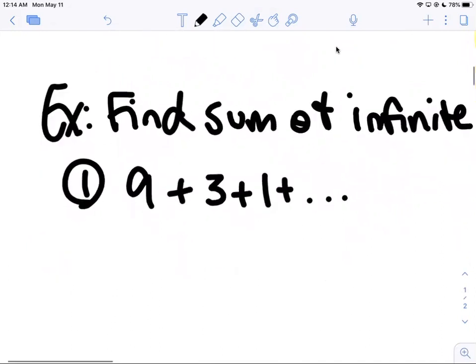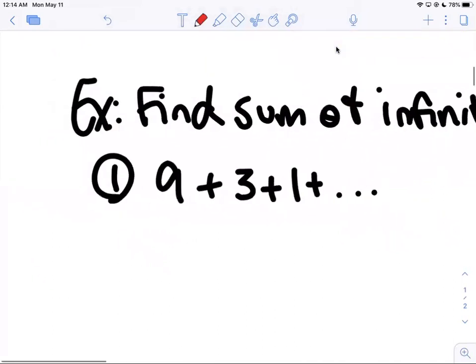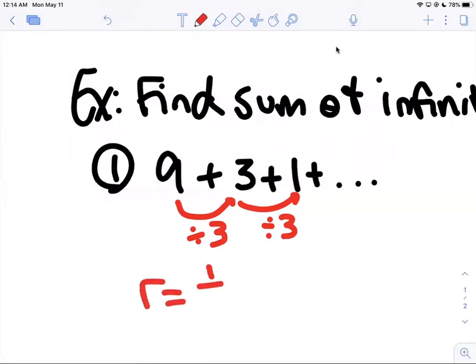Okay, what is my r? It's geometric, so we know that it's going to be r. It's not going to be d. My common ratio: what happens to get from 9 to 3? Yep, divide by 3. What happens to get from 3 to 1? Okay, divide by 3. And we're going to assume that that's a pattern that keeps on going. So my r, in this case, we don't write divide by 3. We write 1/3.